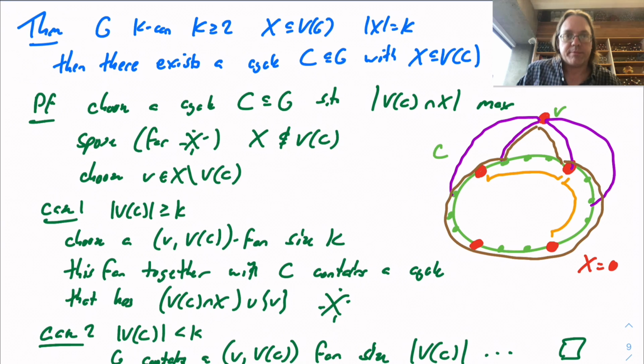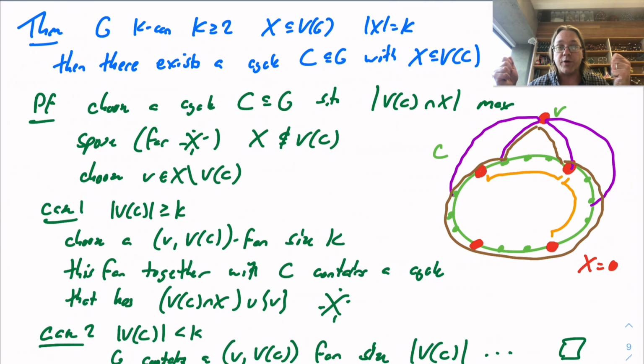I'm sorry I'm not writing something a little bit bigger or clearer, but you should be able to see this argument if you just think this thing through and take a moment. Again, the fan lemma is the driver here. It's a really nice lemma that gives us this very sensible and very usable structure. So if you have a k-connected graph, you have any two sets of size at least k, you're guaranteed k vertex disjoint paths between them.